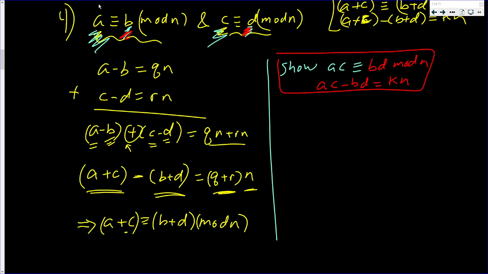That way you stay somewhat focused. Well, let's see. I'm going to leave ac as ac. But this here tells me that b is a minus qn. And this here tells me that d is c minus rn.